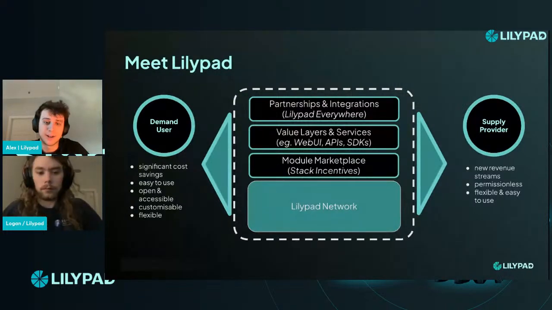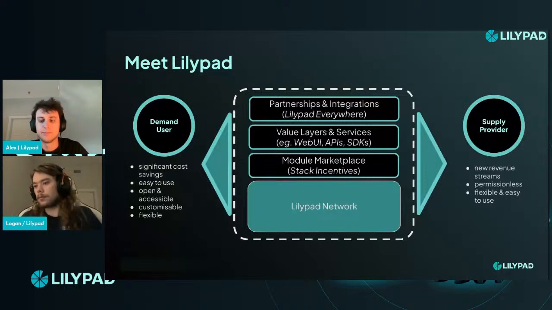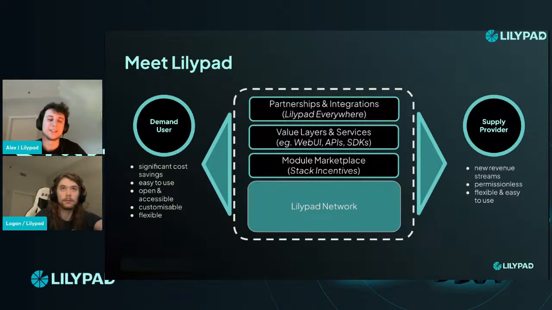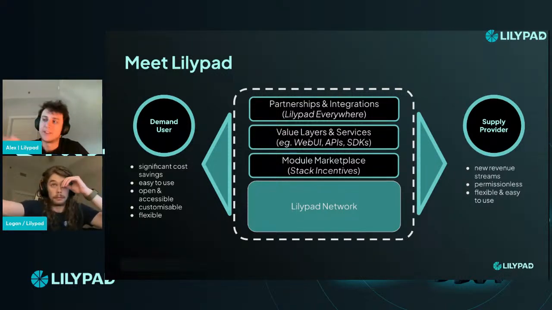In addition to a web UI, our initial plan is to build out the network and the functionality for developers to build on top. We'll also provide our own SaaS layer as time goes on, for less technical users and for more functionality. Finally, the module marketplace is something we're very excited about.